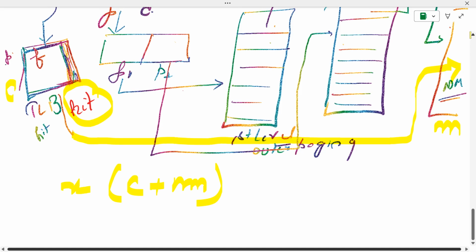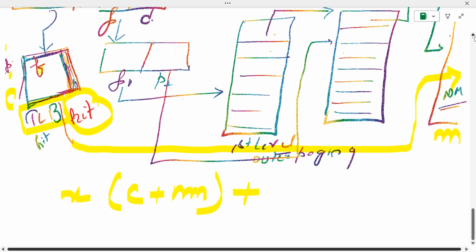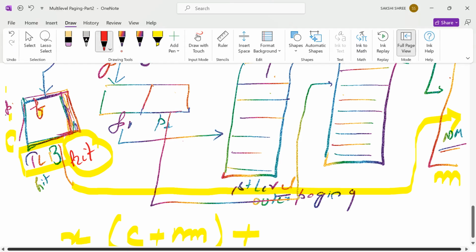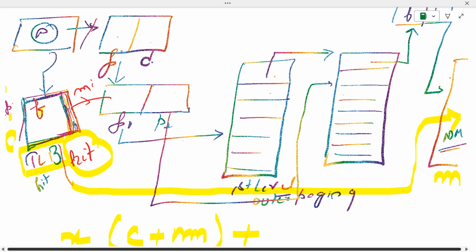Here this is the page number and this is the corresponding frame number of the most referred page, because this is a TLB, right? Here we can get the frame number corresponding to the most referred page. So from here only we can just go to the main memory to fetch that particular page. So it is x into (c plus m). Now let's say if it is a TLB miss, that is, if we are not finding it here, then we have to go through this entire process of getting the page.